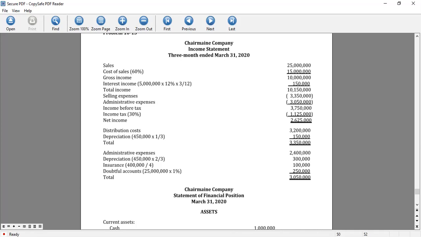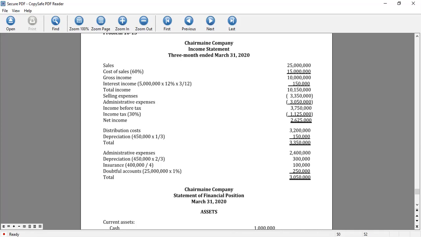Then we have the insurance. The amount of insurance purchased for 1 year, that's debited to prepaid insurance of 400,000, and we divide it by 4 quarters. So 1 quarter is 100,000, and we record it as part of the administrative expense.